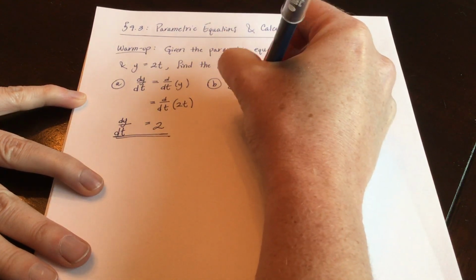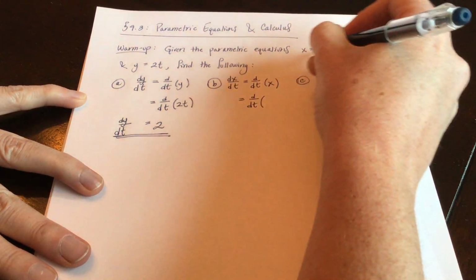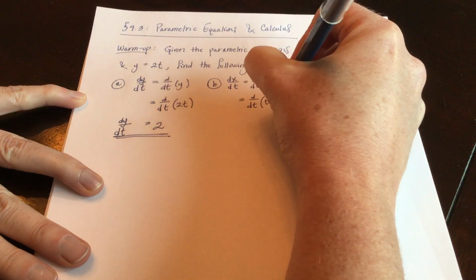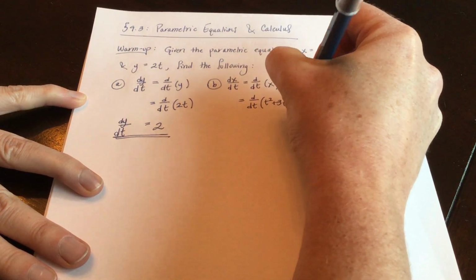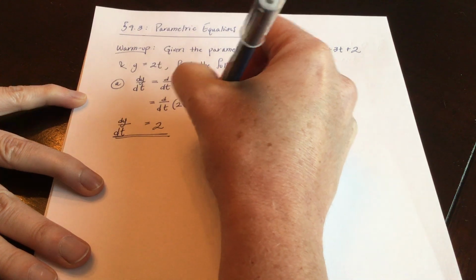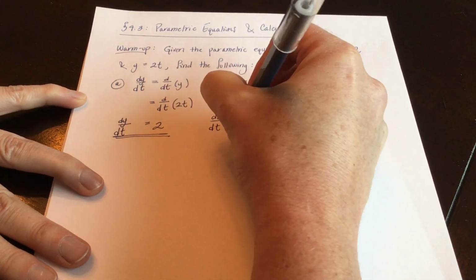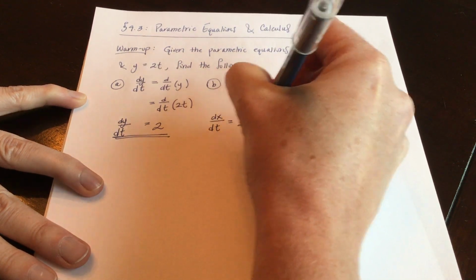So that would mean d/dt of t squared plus 3t plus 2, which is why we would say dx/dt is equal to 2t plus 3.